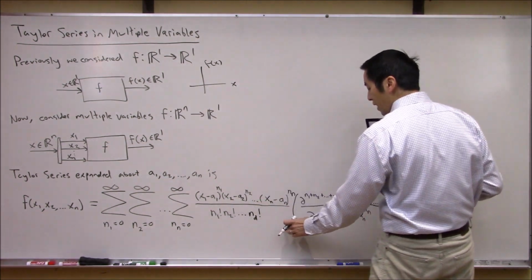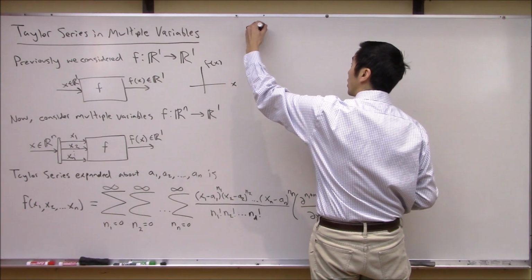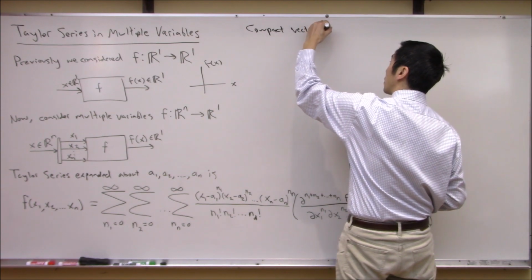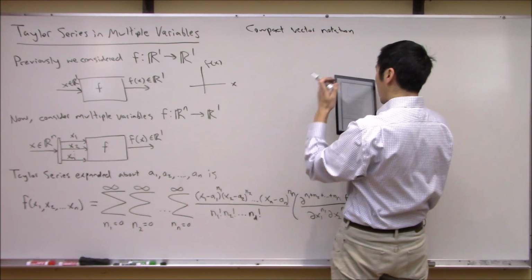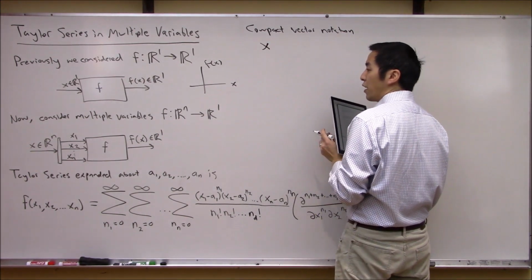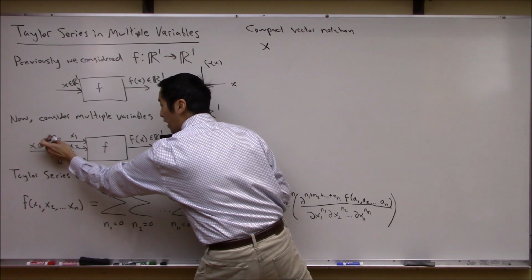We can write this in a much nicer format if we use more compact notation. In other words, let's use compact vector notation. Let's consider the independent variable. Instead of it being a single independent variable, it's an independent vector of n elements.